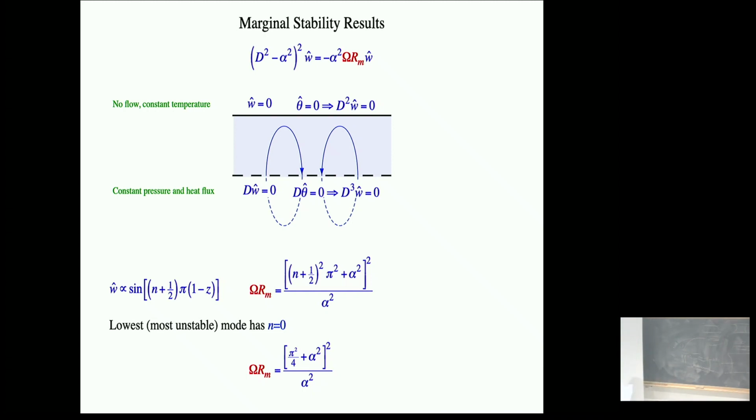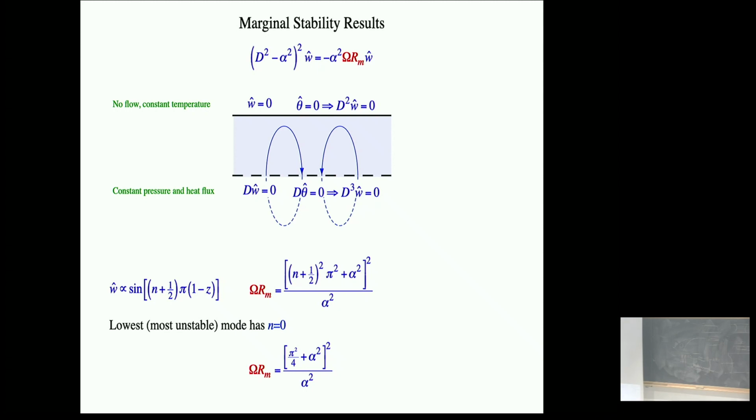Here we're choosing boundary conditions that give you an analytic answer, so you can work through this, and that's to have no flow through the top of my sea ice and apply a constant temperature there, but where the sea ice connects with the ocean, we're going to apply constant pressure and a constant heat flux.